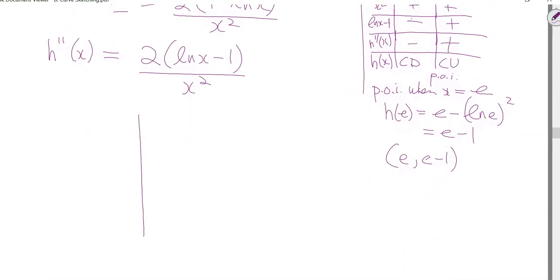All right, let's sketch. We got 0.49. We're going to need an e. So that's e. Let's say that's e minus 1. There, that's a point of inflection. It comes from there, concave down, turning to concave up. It probably doesn't climb that fast.